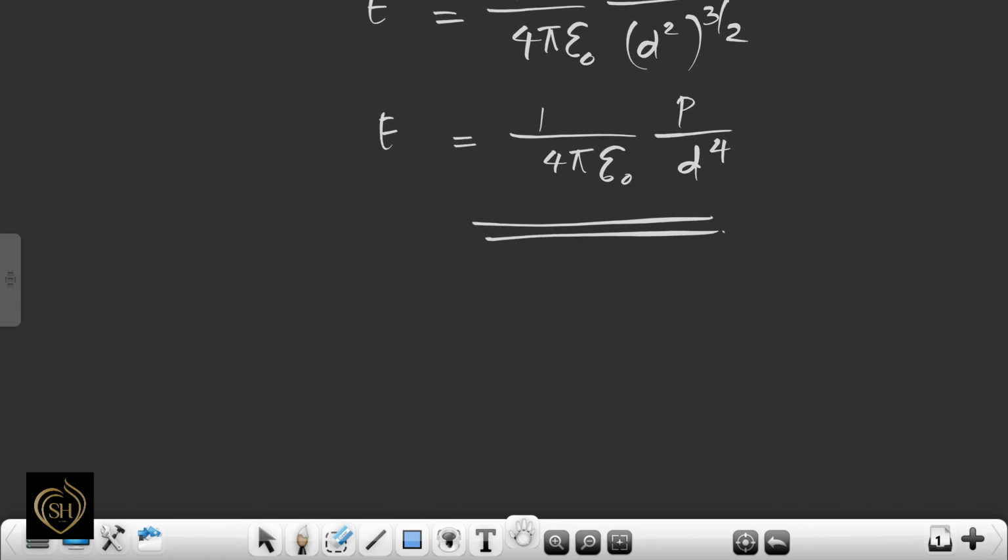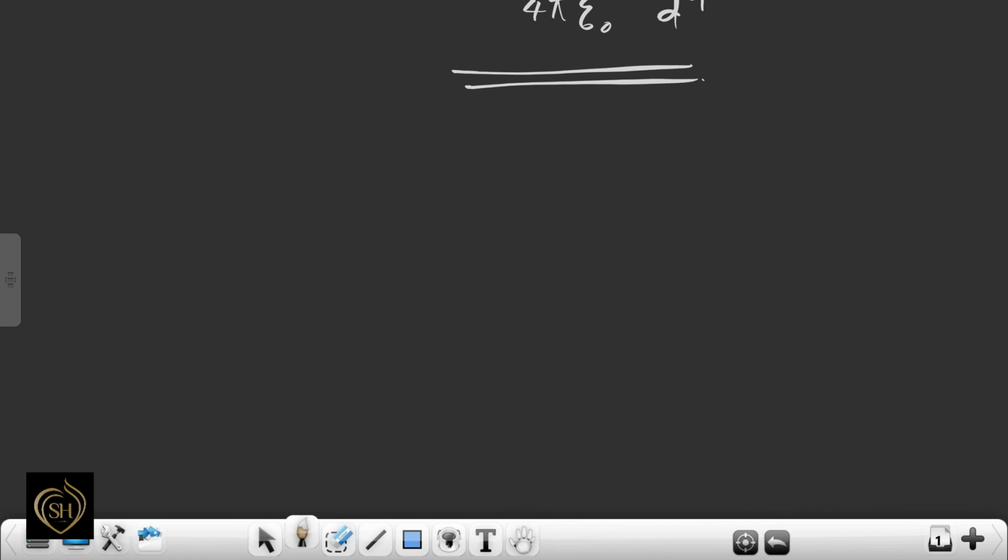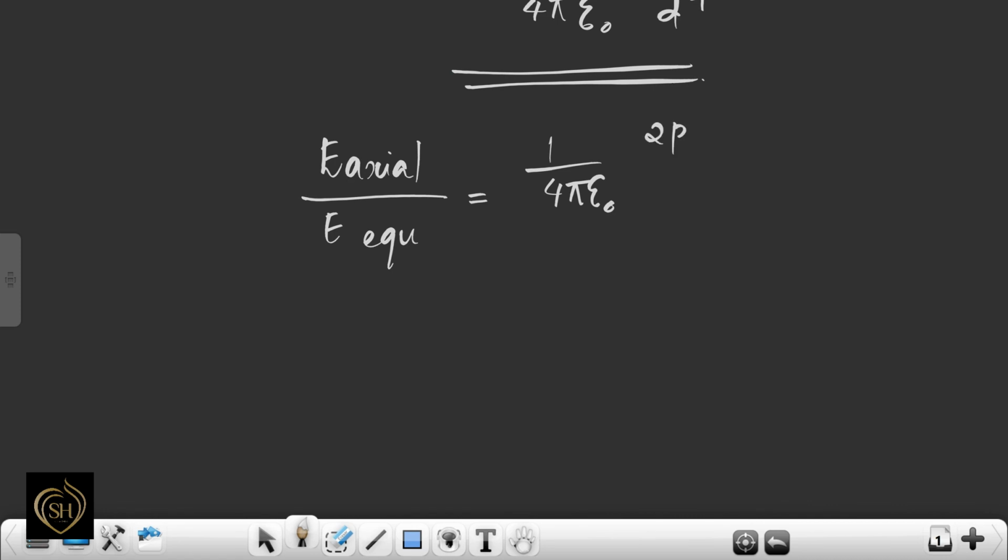Now, if we find the ratio between the intensity produced by a short dipole on its axial point and equatorial point, we will get E axial by E equatorial is equal to, E axial was 1 by 4 pi epsilon 0 2p by d cube divided by 1 by 4 pi epsilon 0 p by d cube.